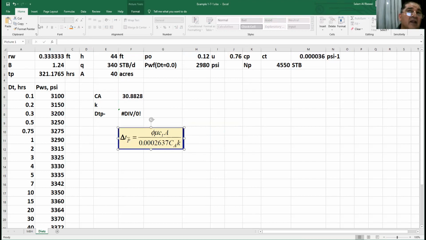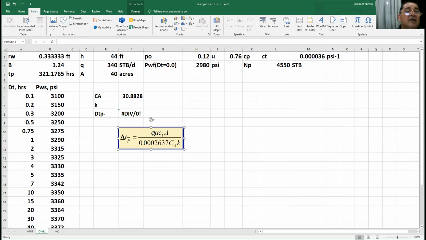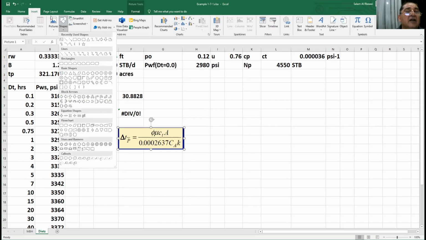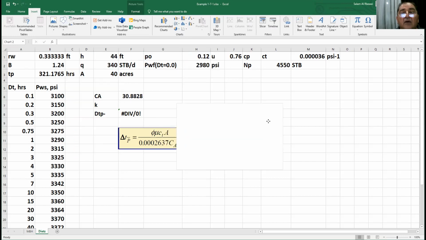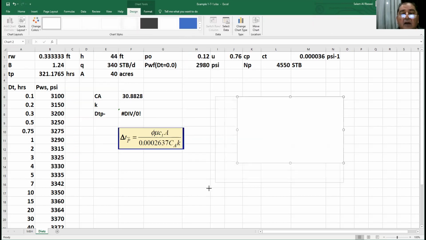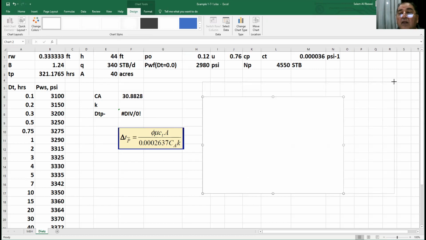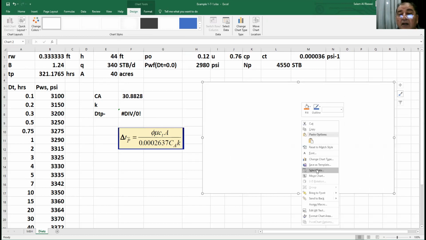Now, how can we calculate the value of K? As I said, Dietz's method says that you have to plot delta T versus pressure. So delta T as it is, not Horner plot. So I'm going to go with insert, insert this one. And select data.